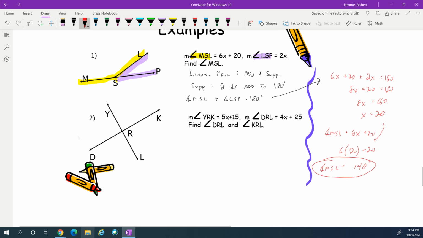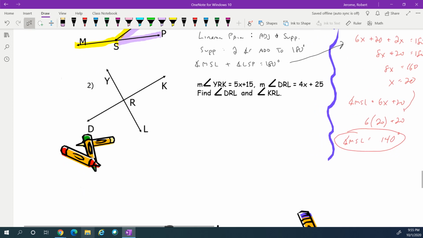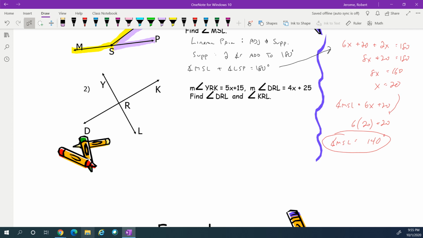In number 2, I'm just going to give myself a little bit more room here. Find the angles that they gave us algebra for. That's all I care about. YRK. Angle DRL. They are the opposite angles of an X. They're vertical angles.